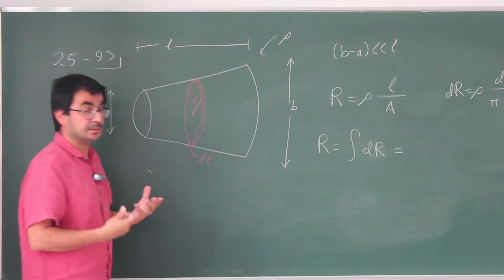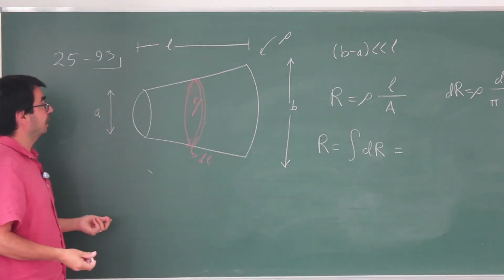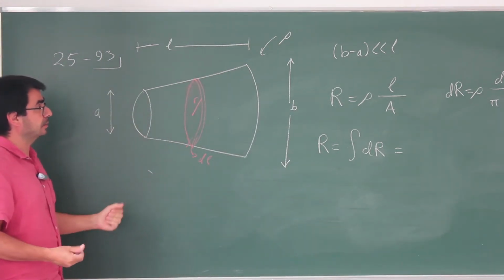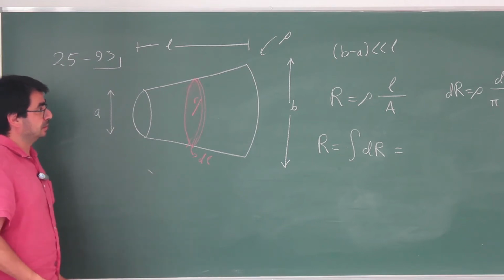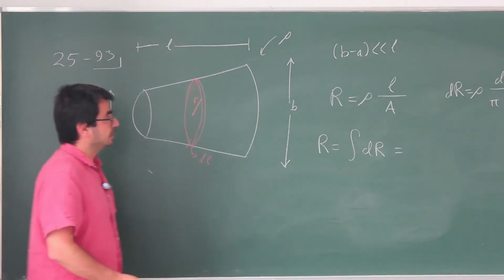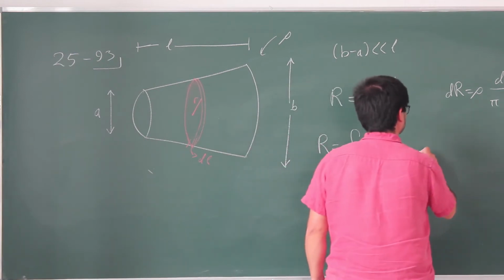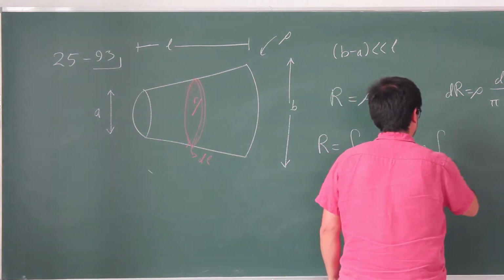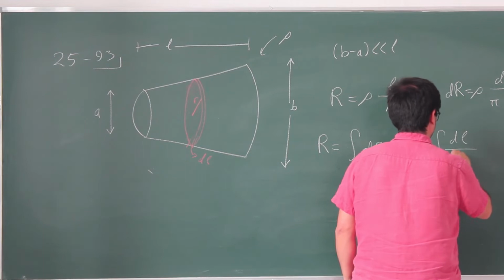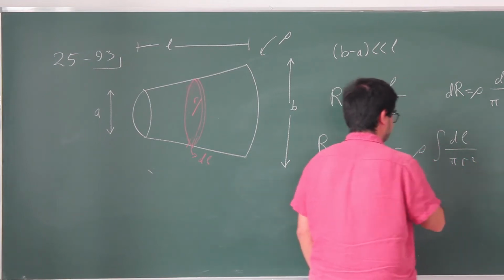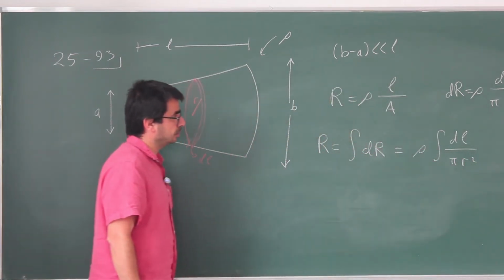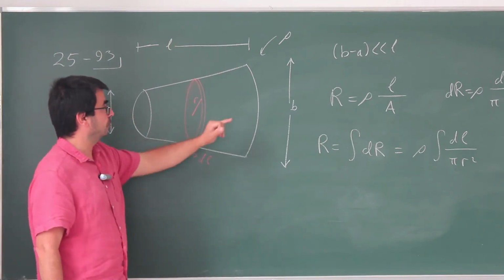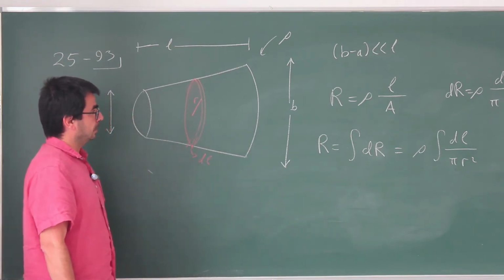Common current means series connection. So let's write this down. I can take ρ out, and it's going to be dl by pi r squared. I can take pi out, but I can't take r squared out because r is going to change as I go from here to here.